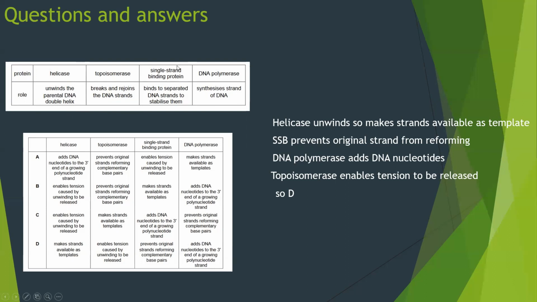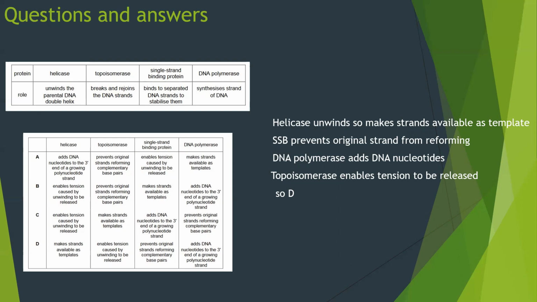And SSB or single-stranded binding protein binds to DNA strands to stabilize them. Once the replication fork is created, the SSB protein will bind to both strands. If it doesn't bind to them, the bases are complementary, so they'll form hydrogen bonds and just wind back together and form the double helix.